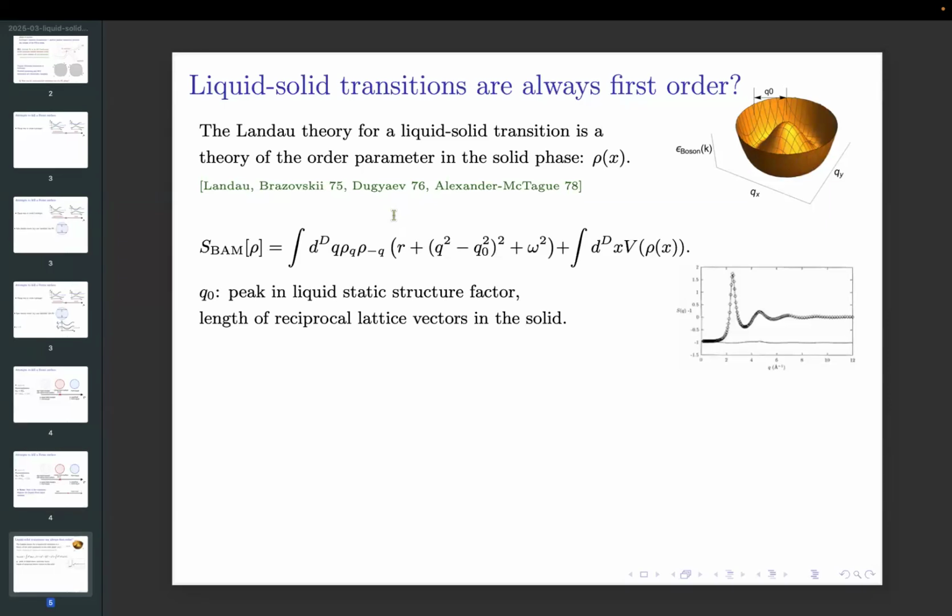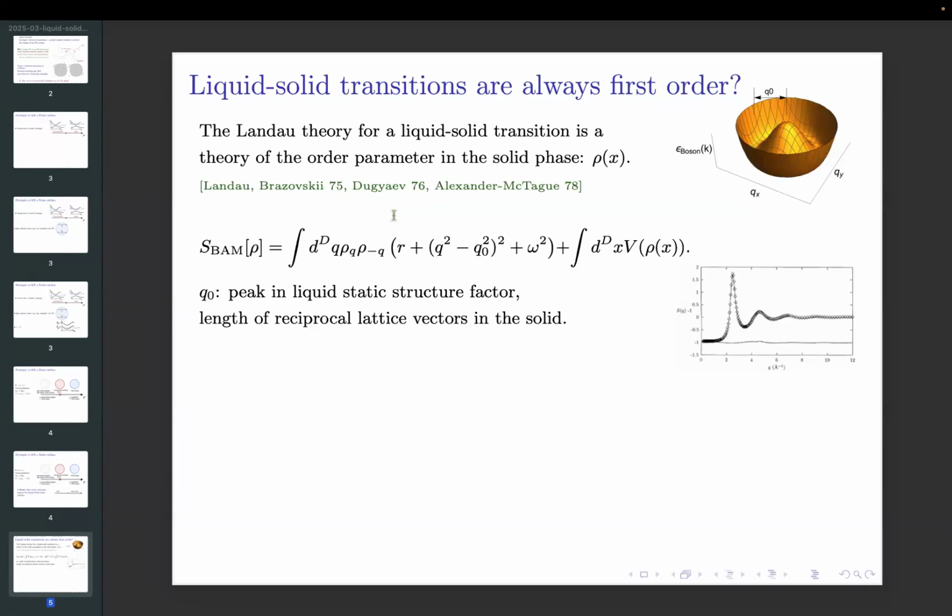So the idea is that as I tune r from positive to negative, I go from a phase where rho Q wants to be zero to a phase where the system spontaneously chooses some crystal axes. At the critical point, every mode whose wave vector has magnitude Q becomes massless.